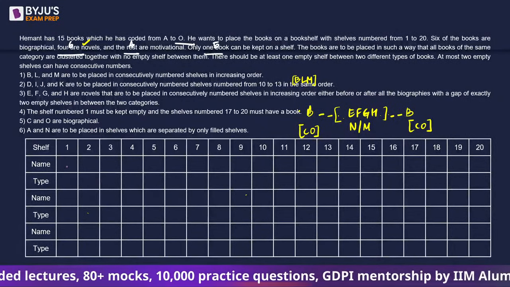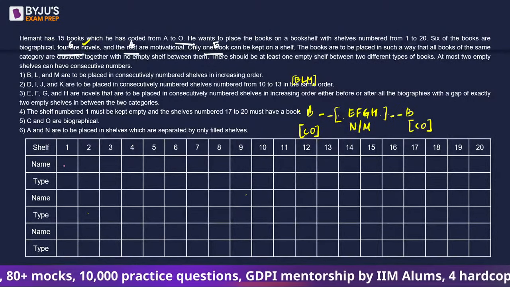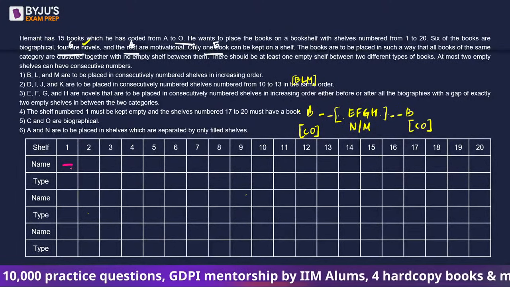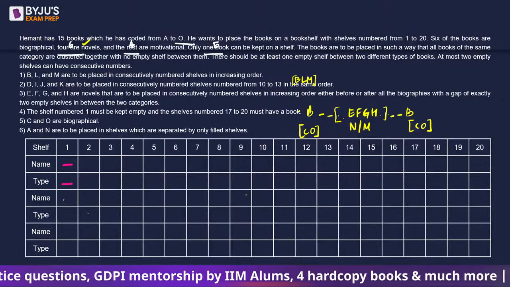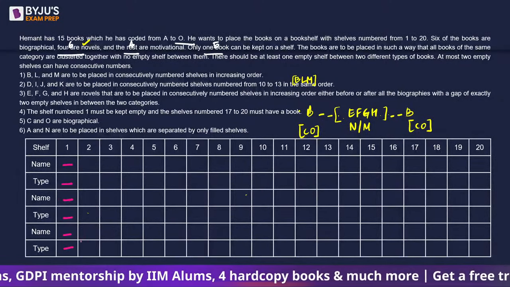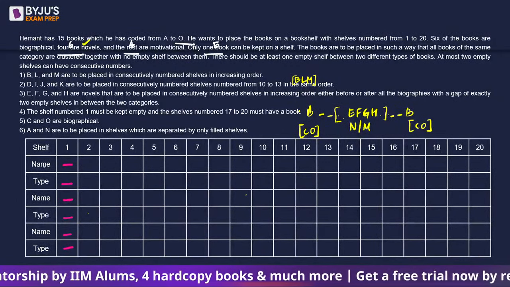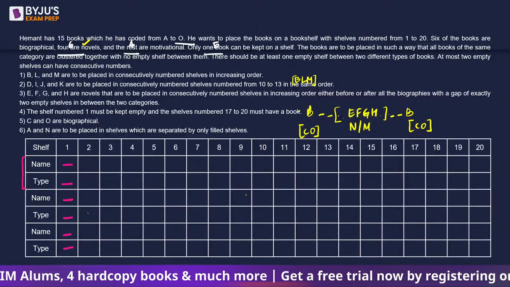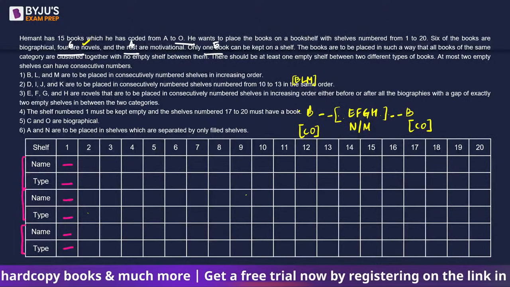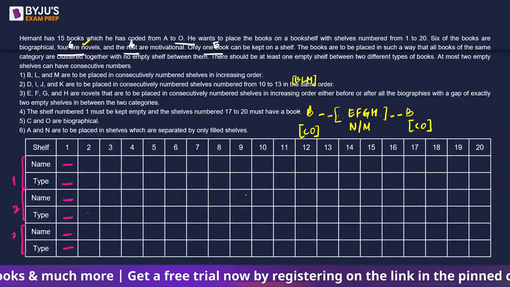The shelf numbered one must be kept empty. So one must be kept empty. So I will leave it empty for all the 3 cases. So this one is case number 1. This one is case number 2. This one is case number 3. Okay.